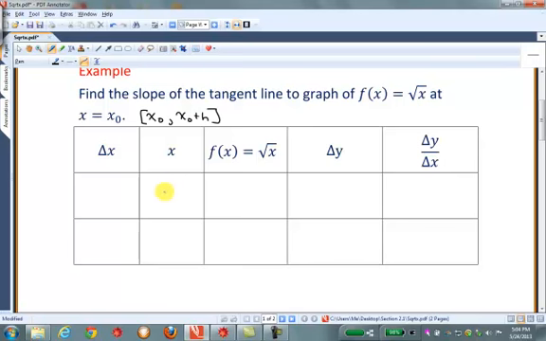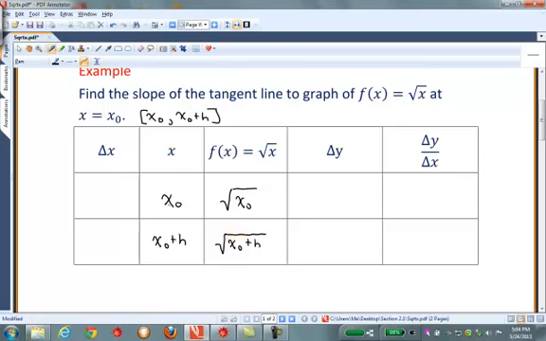So we have first off x equals x0, and then the function value would be the square root of x0. At the other end of the interval, we have x equals x0 plus h, and f of x is the square root of the quantity x0 plus h.